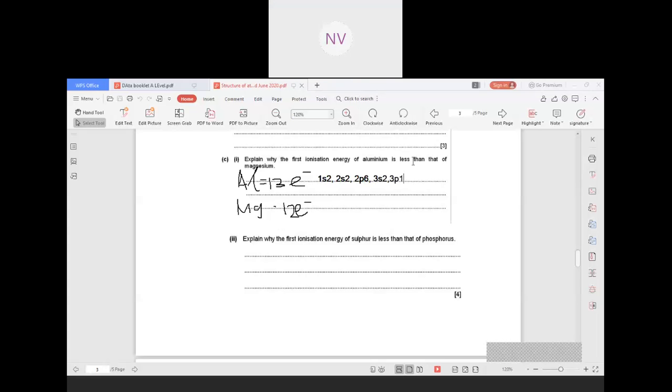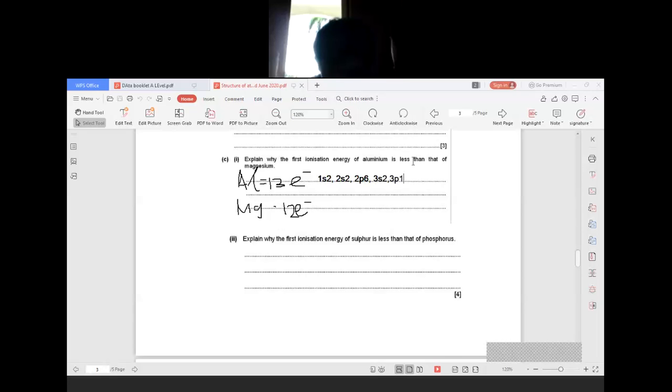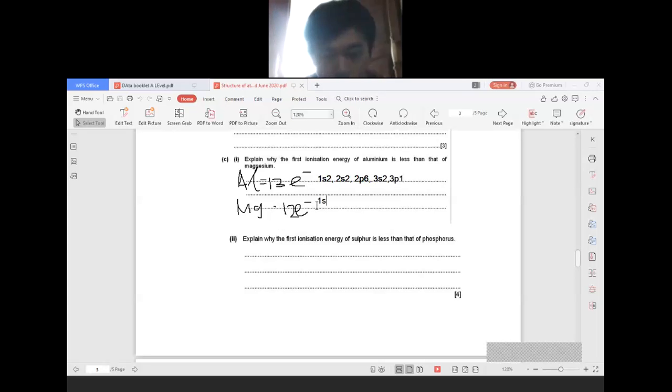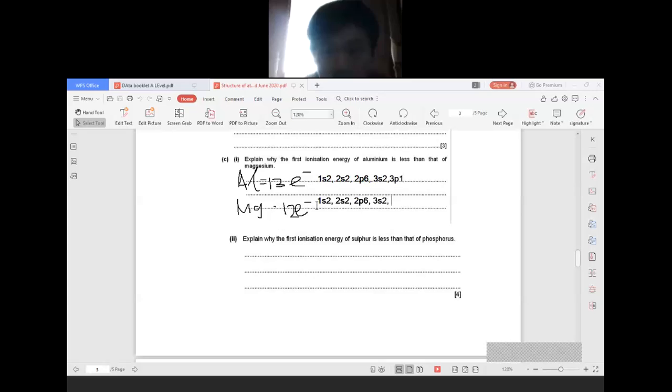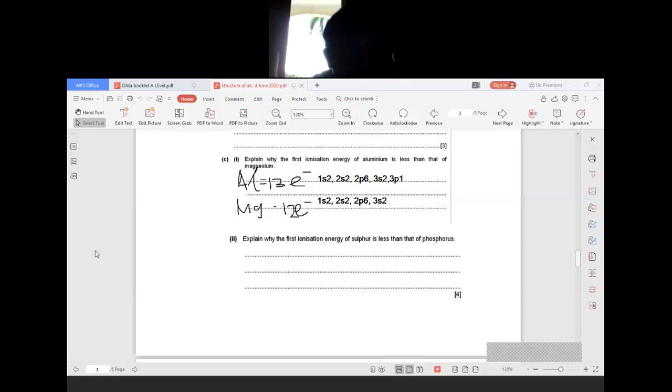So aluminum has 3p1. And magnesium is 1s2, 2s2, 2p6, and 3s2. Look at this one.